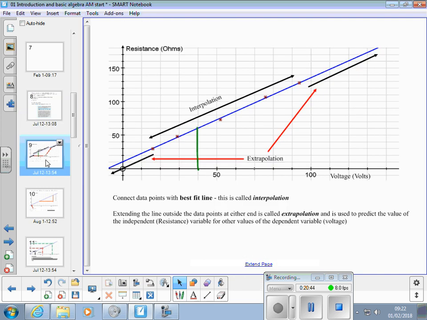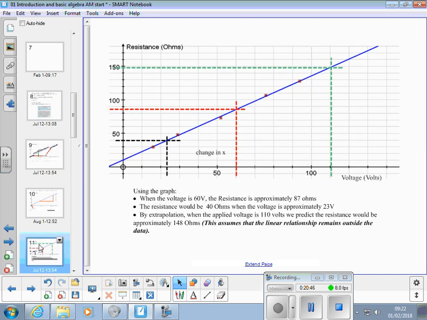That's going outside the data, but it indicates around 148 ohms. When the voltage is 60, resistance is approximately 87 ohms, and the resistance would be 40 ohms when the voltage is 23 volts.